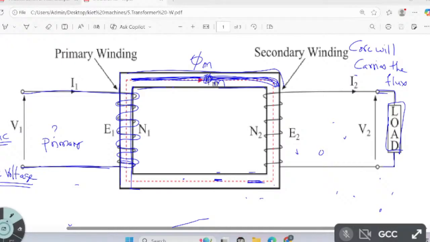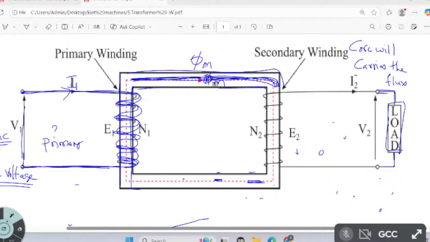This winding is wound around the core and forms a closed circuit. Because of the closed circuit, a current I1 will flow.